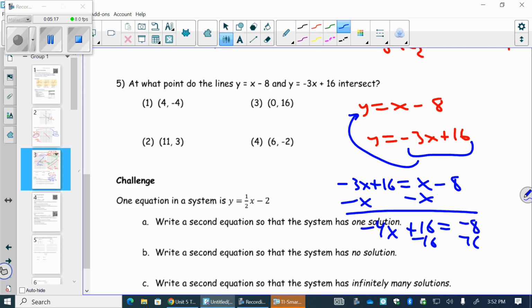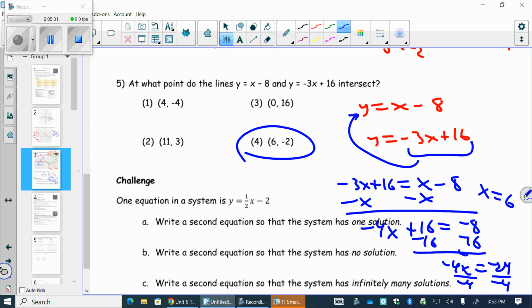Minus 16, and then you get negative 4x equals negative 24. Divided by negative 4, divided by negative 4, and x equals positive 6. There's only one choice where x equals positive 6, so you don't even need to figure out y. If you wanted to, though, you could take positive 6 and put it in one of the equations: y equals 6 minus 8, y equals negative 2. So it works.